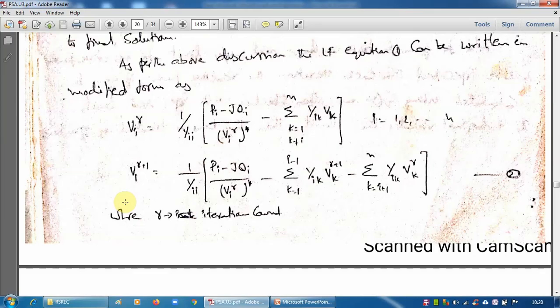This value of 0.0001 is selected by us, and that is called the convergence criterion. If that convergence criterion is satisfied, we can stop the iterative process. That is why for each iteration we have to check whether the convergence criterion is met or not. If it is not met, we have to go for the second iteration. If it is met, we stop the iterative process.